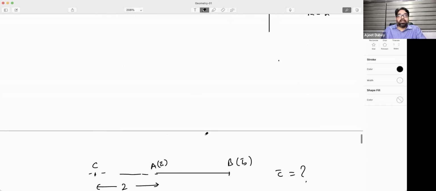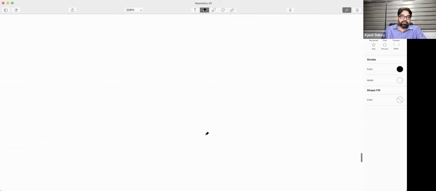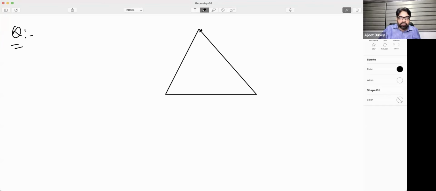So this way we can find out internal division and external division. Now, let's practice a little bit. Suppose one triangle is there, ABC is the name.